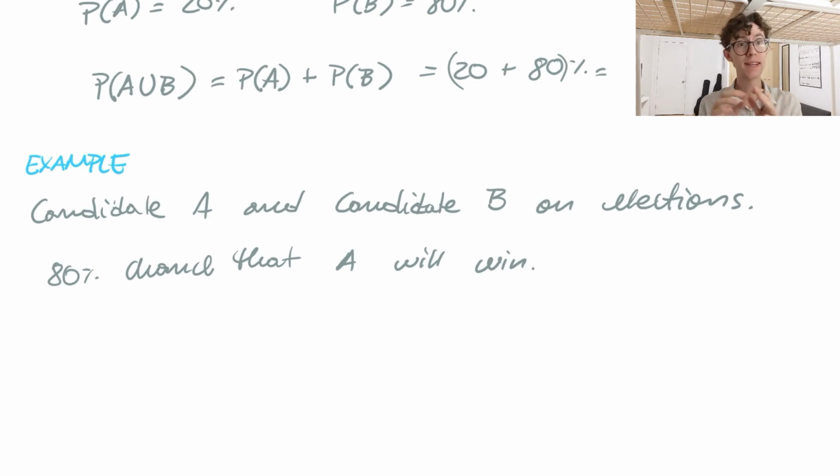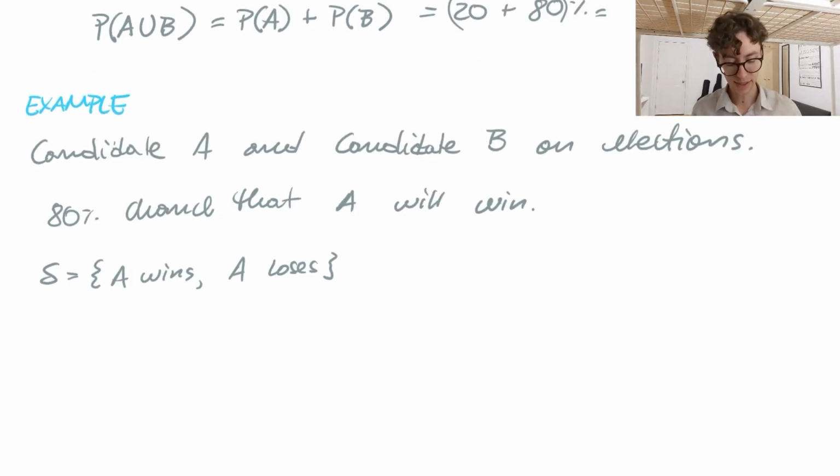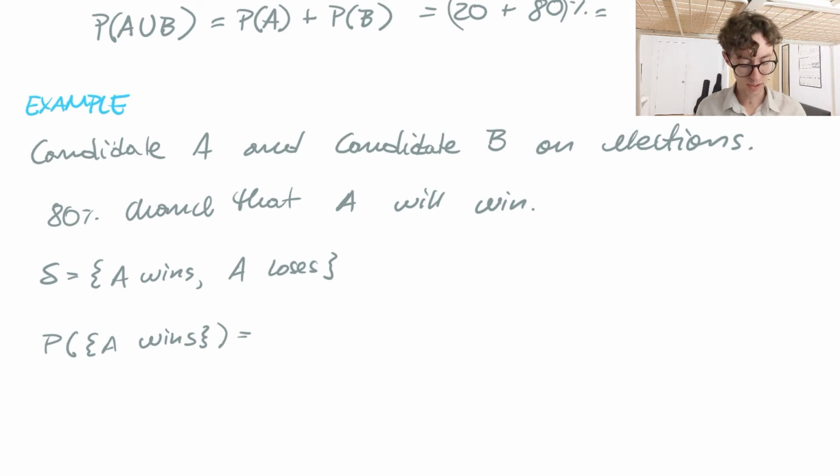Okay, so what is our probability model here? Our sample space will be made of two events, right? It's either A wins or A loses, right? We know that the probability of A wins is equal to 80%, so 0.8.